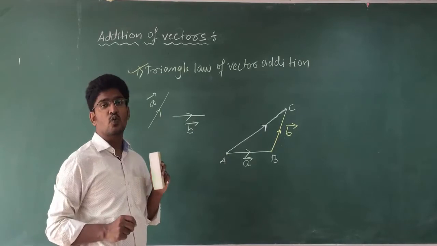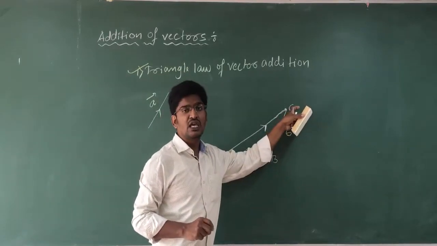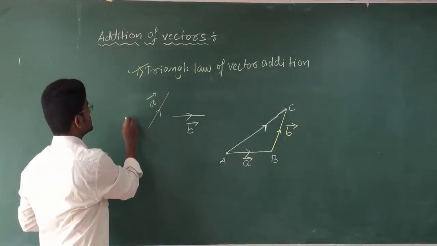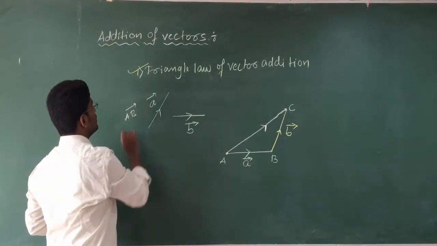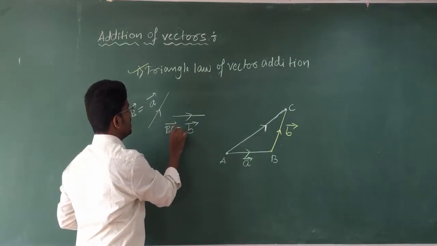First I will take vector A, next vector B. Vector A is vector AB, vector B is vector BC.